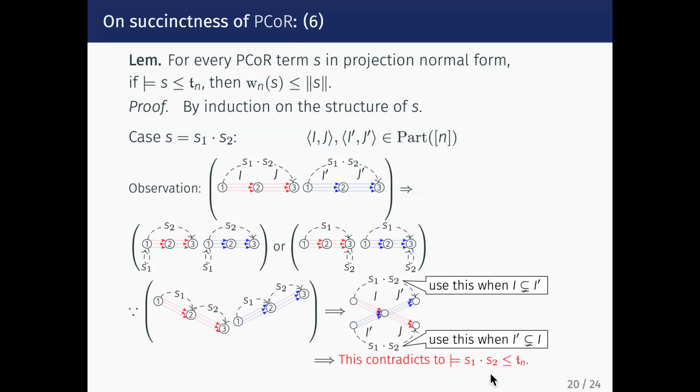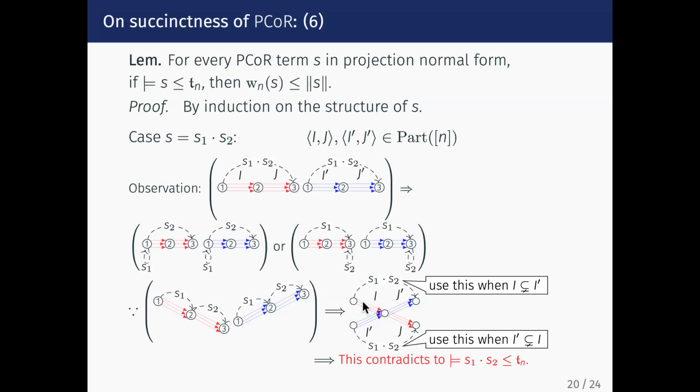Also let's consider this case. In the same way, let's consider the structure obtained by merging these two structures like this. Then this is a counter model of this inequality. So this model has two new paths of S1, S2 like this. But actually, one of them contradicts this inequality.